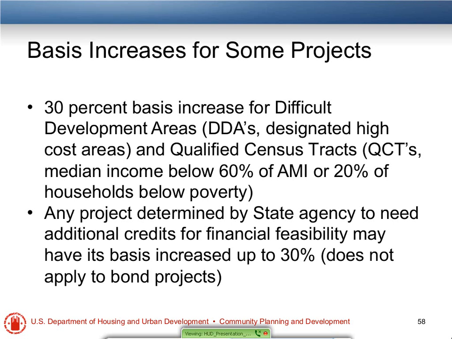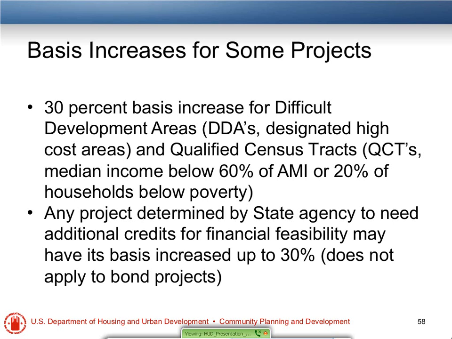That qualifies the census tract as a QCT, qualified census tract. And if you're in one of those DDAs or QCTs, you can qualify for an extra 30%.